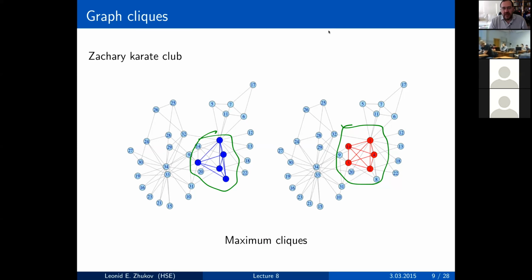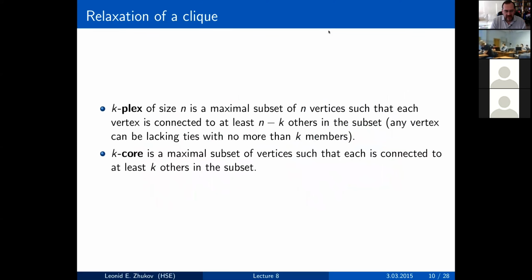As I mentioned earlier, there is a way to relax the definition of a clique, and there are actually a bunch of relaxations. One of them is what's called a k-plex. A k-plex of size n is a maximal subset of n vertices such that each vertex is connected to at least n minus k other vertices. In other words, any vertex can lack ties, but to no more than k members.